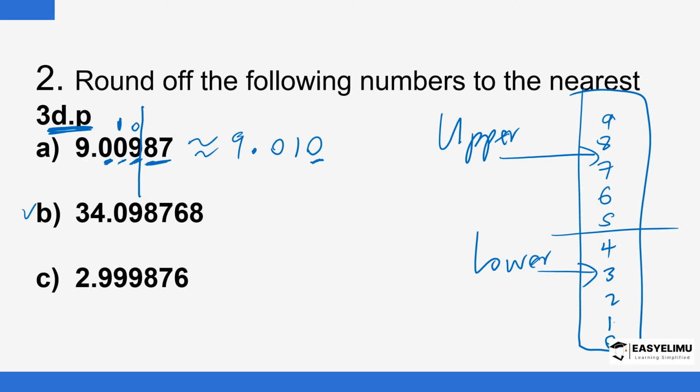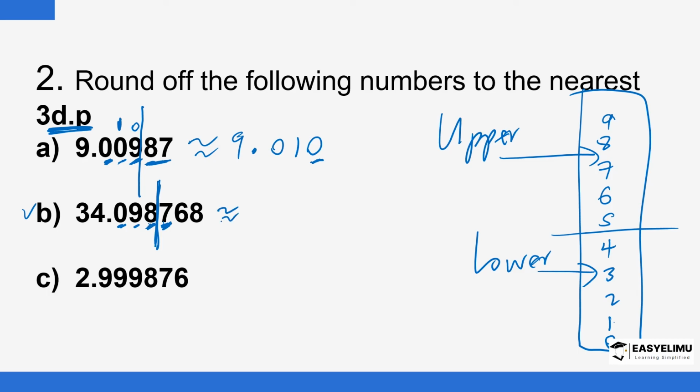Now, if you move to B again, you count decimal places from the first digit after the decimal point. That is 1, 2, 3. Then you draw the cutoff line. Then look at the digit after the cutoff line. It falls in the upper category. You can see where 7 is. So you increase the digit before by 1.